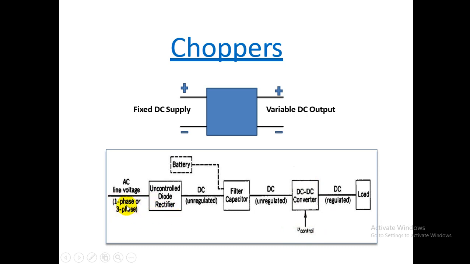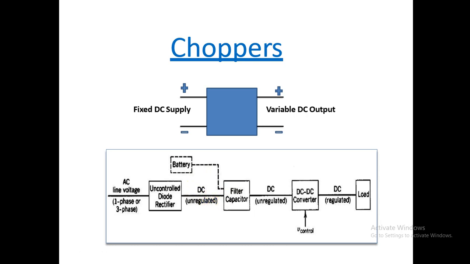Look at this, the flow of current and conversion takes place, and here is a diode rectifier. The diode rectifier is an uncontrolled one because a diode has only two terminals, anode and cathode. There is no controlling terminal. A single phase or three phase supply is applied to the diode rectifier, giving a DC output voltage which is unregulated.